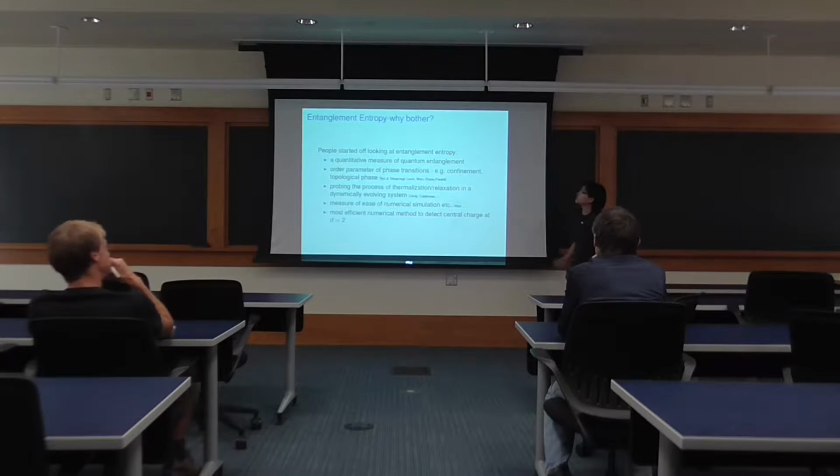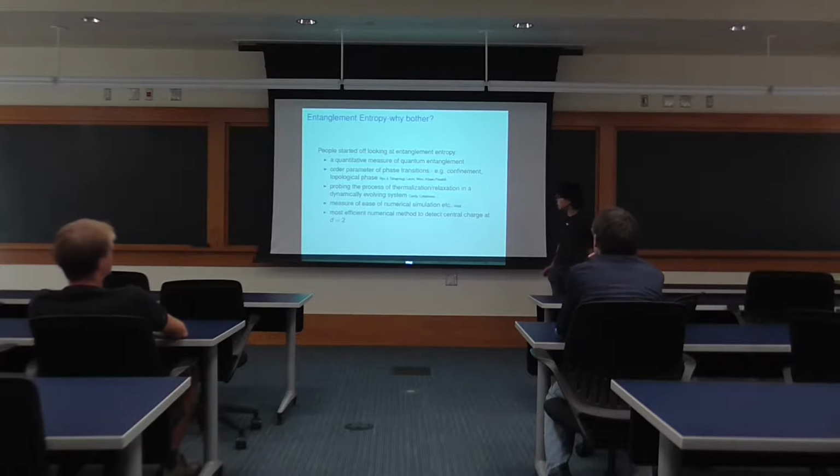To start with, some background. The entanglement entropy is basically a quantitative measure that people came up with to measure quantum entanglement. It turns out that it is useful in many other places, such as being an order parameter of phase transitions, like in detecting confinement. More recently, people realized that it could also detect topological phase transitions involving topological phases, where conventional order parameters are not available.